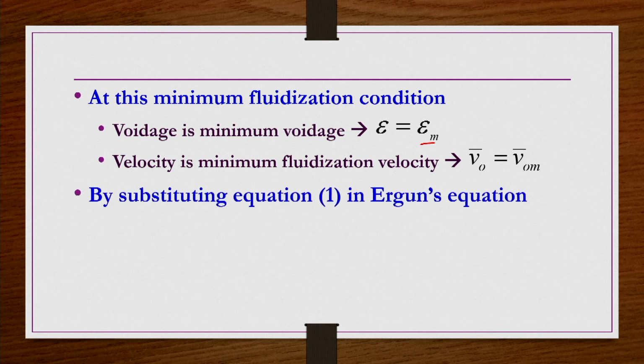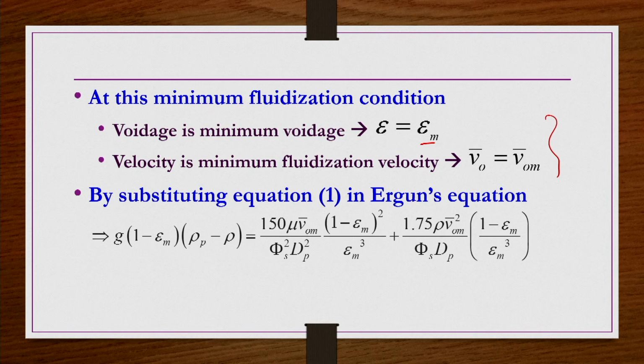So, these two we replace in the Ergun's equation. Epsilon we replace by epsilon m, and V naught bar we replace by V naught m bar, and delta P by L we replace by (1 minus epsilon) G delta rho.